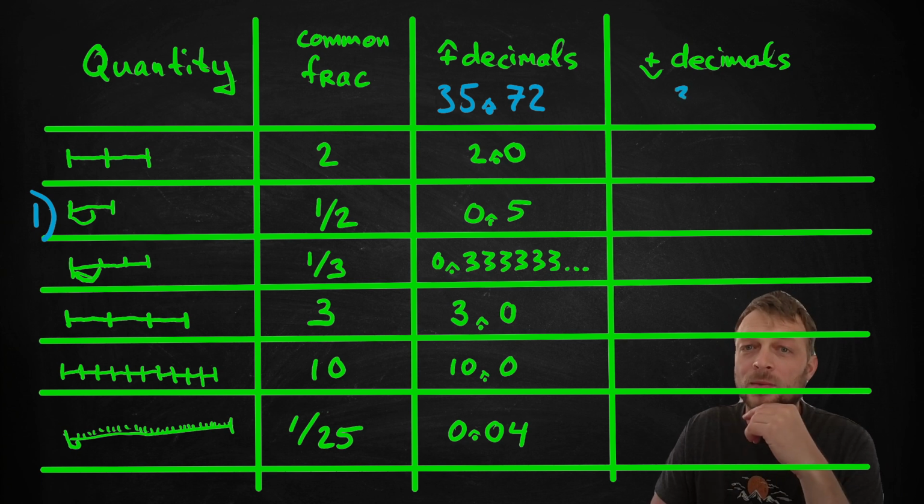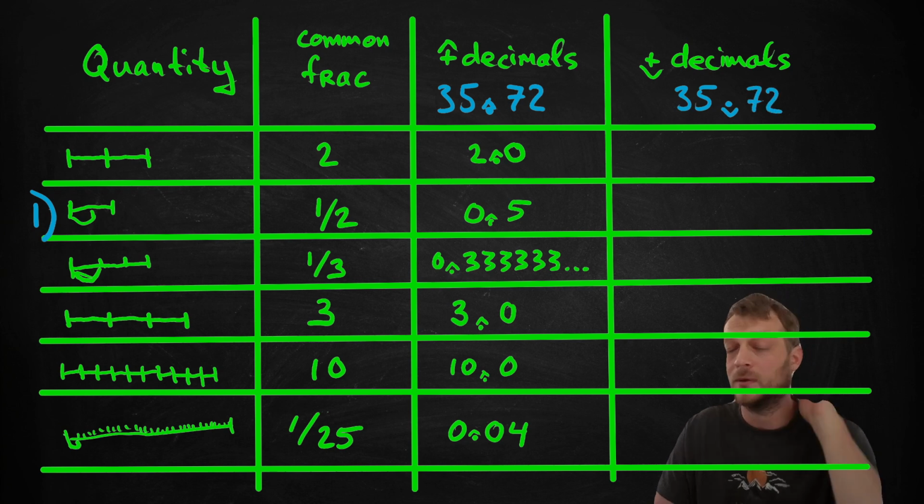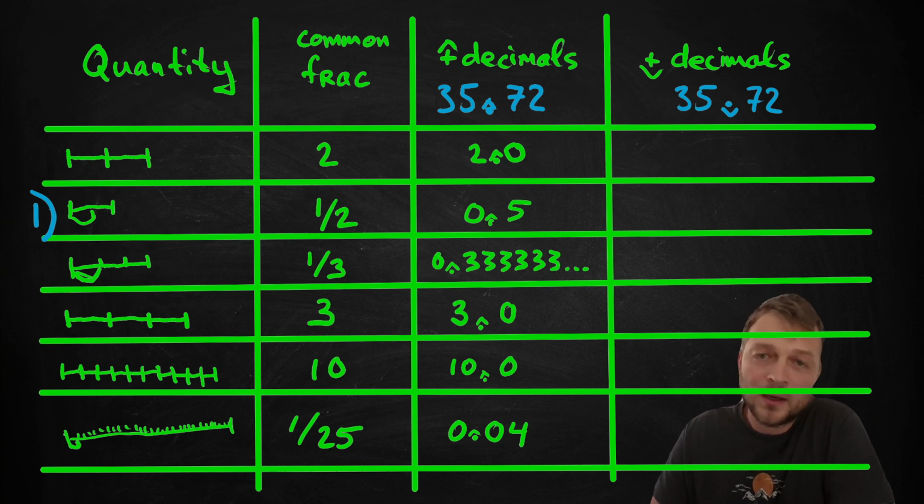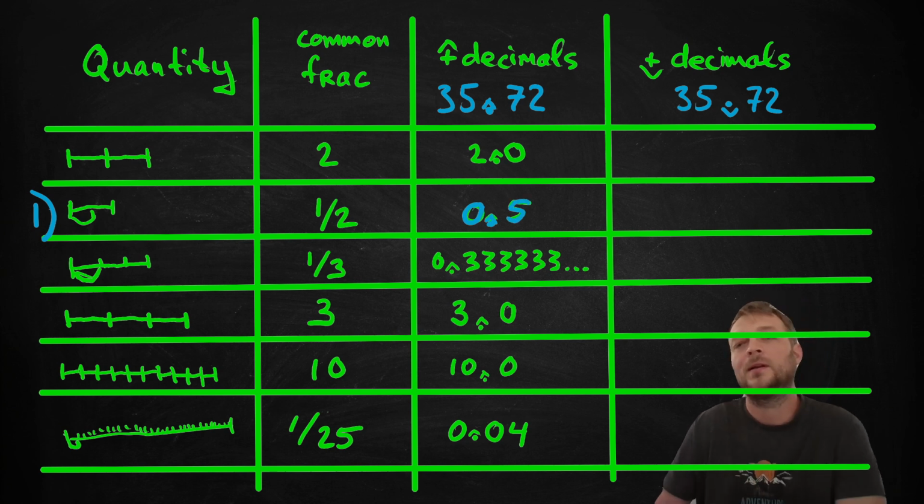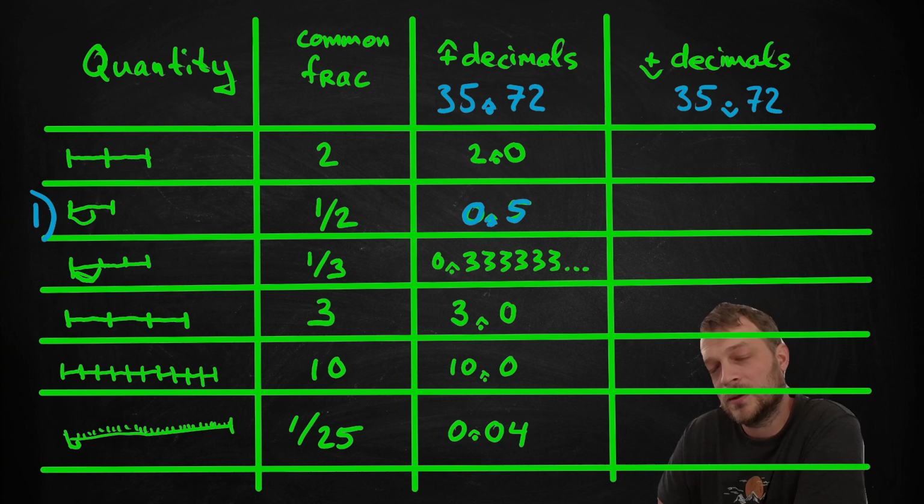Dual decimal will look like 35 dot with hat on the bottom, 72. So this is my notation. And now let's consider this first 1/2 case. So 1/2 represented as 0.5. That's clear. Now, what is the dual decimal representation? So let's recall that 1/2 is 1 plus 1.